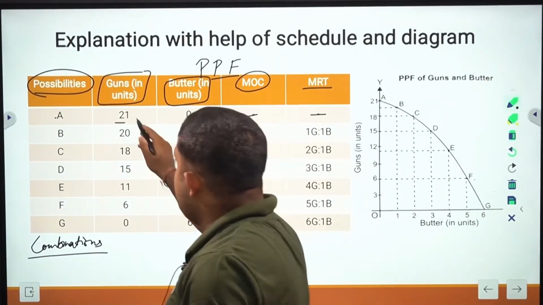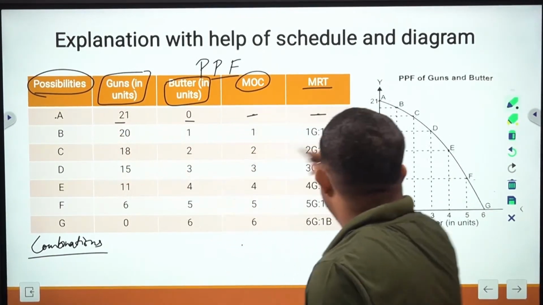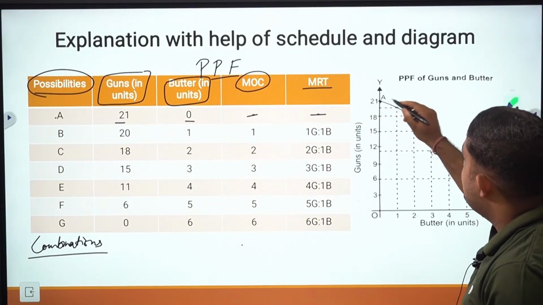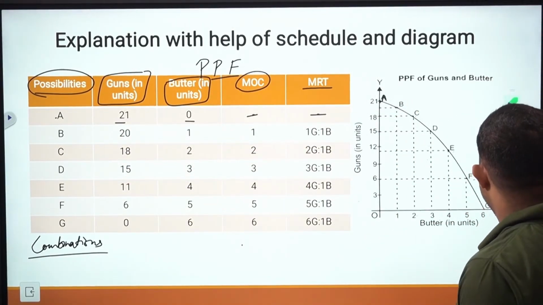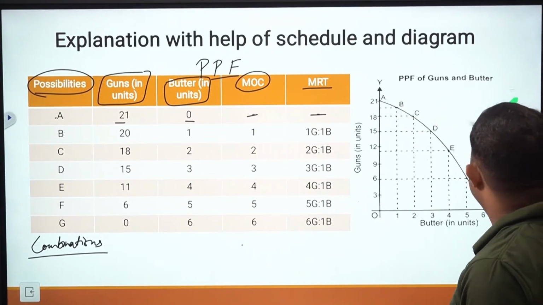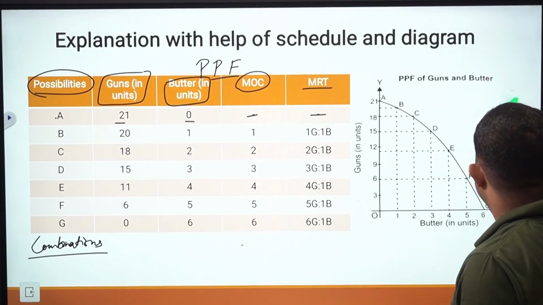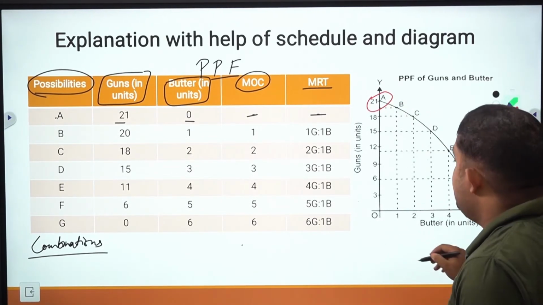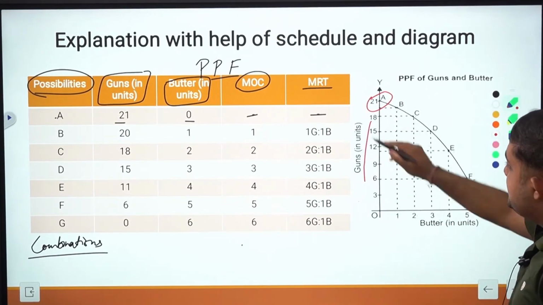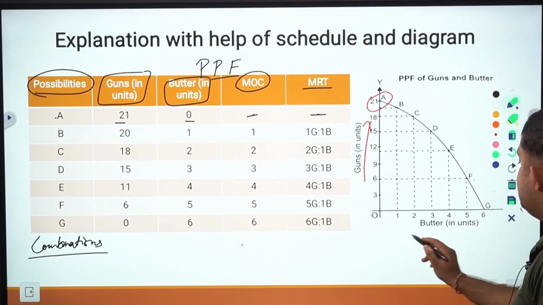So here, look at the diagram, this is A. Here you can see the guns in units on the y axis and butter on the x axis.